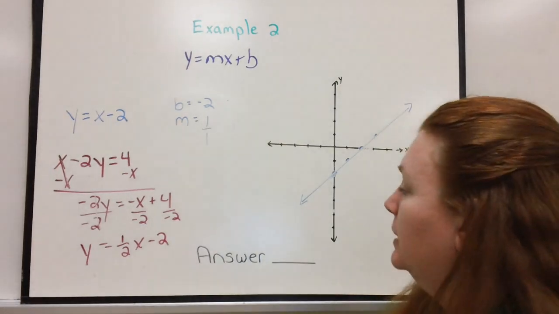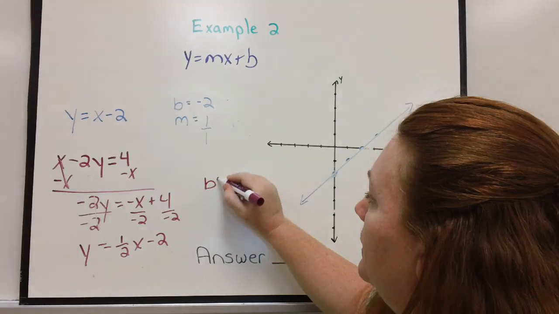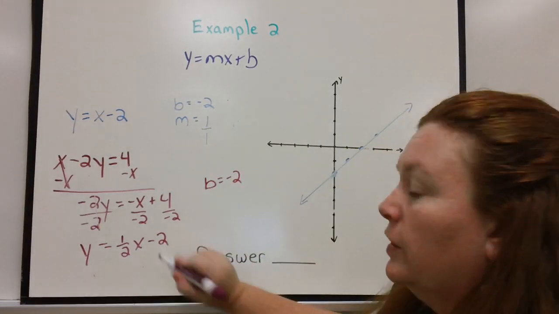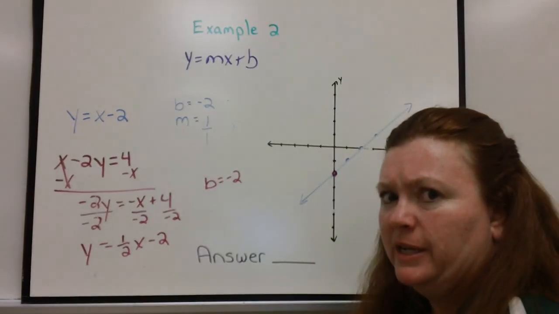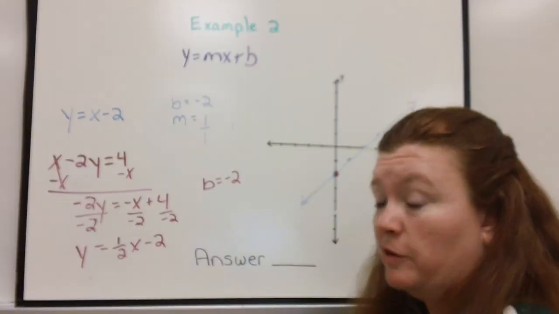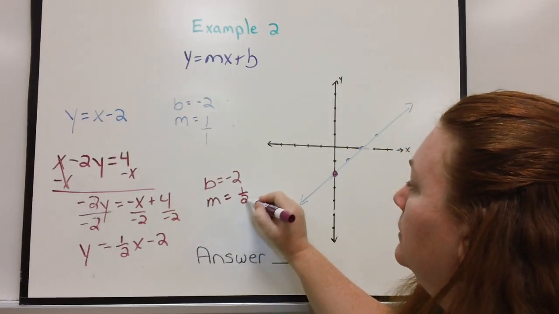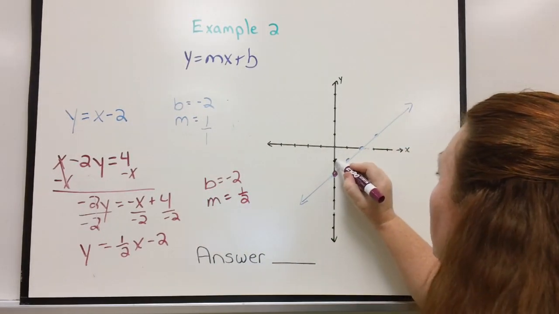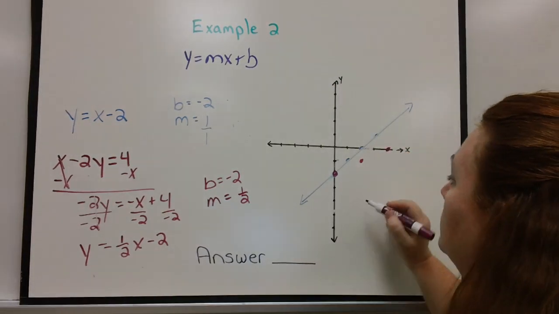All right, let's graph it. My b, I'll just put it over here. b is negative 2, right there. So I'm going to go to negative 2 and plot a point. I already see an intersection, but let's draw the graph. The slope is 1/2. So I'm going to go up 1 over 2. Up 1 over 2.